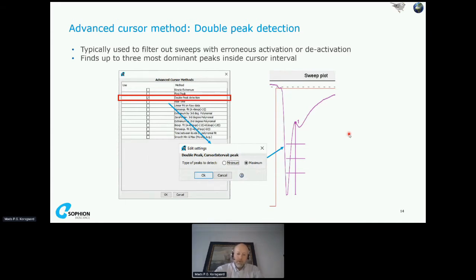We are, of course, very proud of the high quality voltage clamp that we perform on our instruments. So it's actually very seldom that we have little non-perfect events, but that also makes it hard to find these non-perfect events.